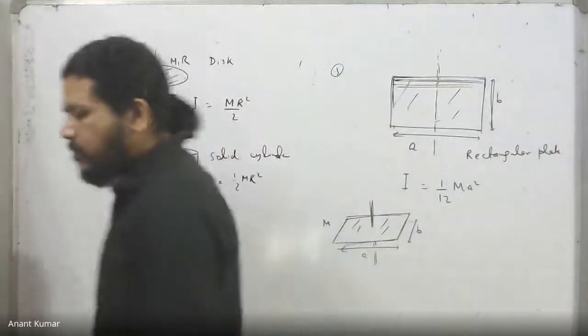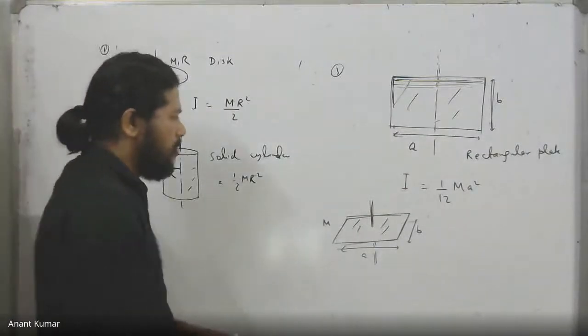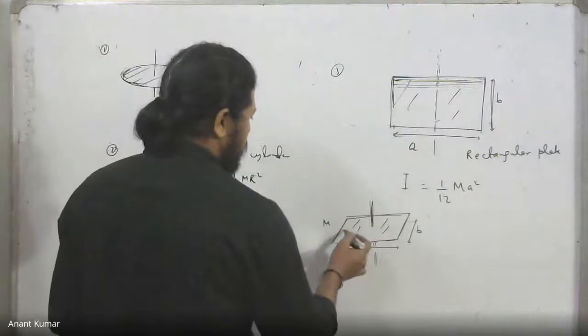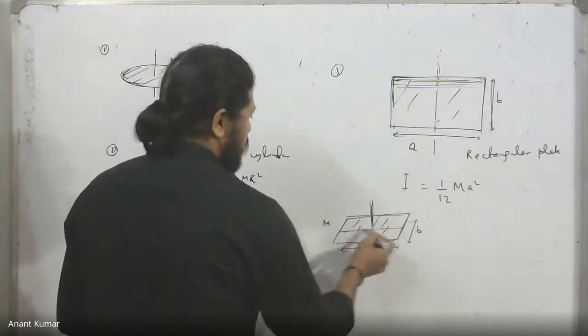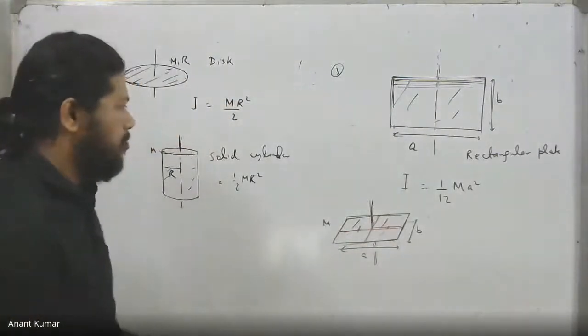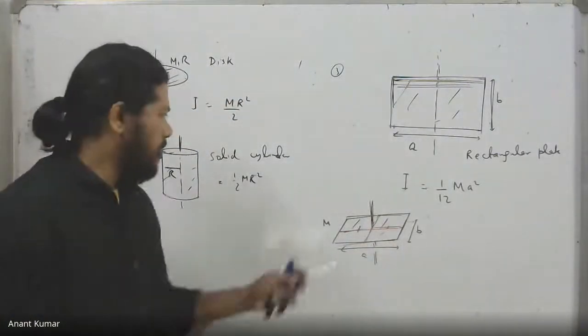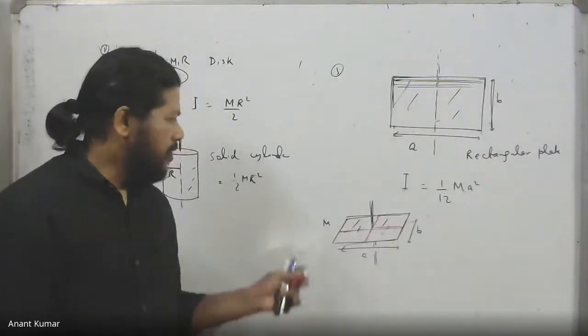We just apply the perpendicular axis theorem, which will give us the required result. I consider two axes. One is on the plane and parallel to this edge, the other one is parallel to the other edge.